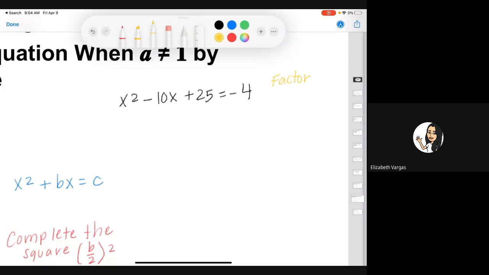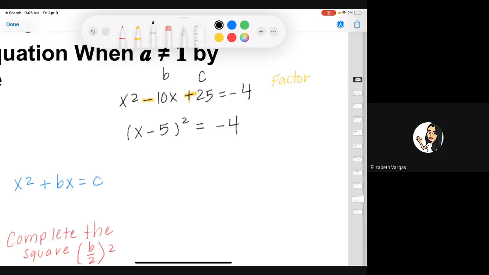So here I have a minus and a plus. Because I have a minus and a plus, I know I'm going to have x minus something, squared, which will give me that equation. I want that something to, when multiplied together, give me 25, and when added together give me 10. That's 5. So (x minus 5) squared equals negative 4.